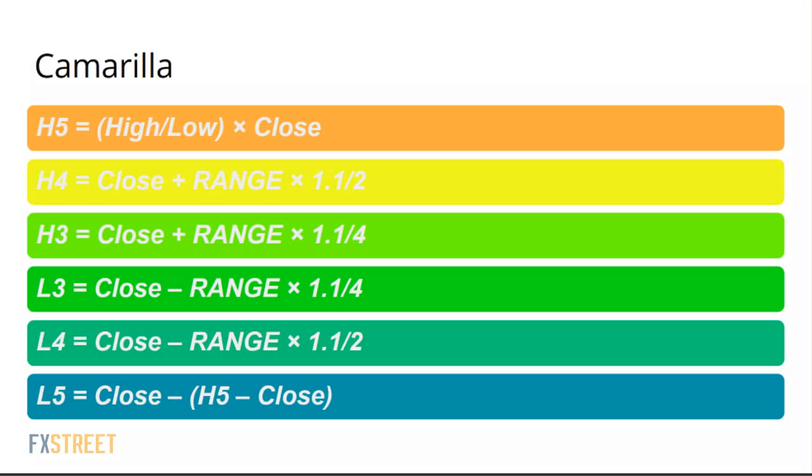It's also incorporated into my Camarilla MACD indicator, but I don't use L1, L2 levels very extensively. It's important to know that on the weekly time frame, Camarilla levels tend to be very respected.